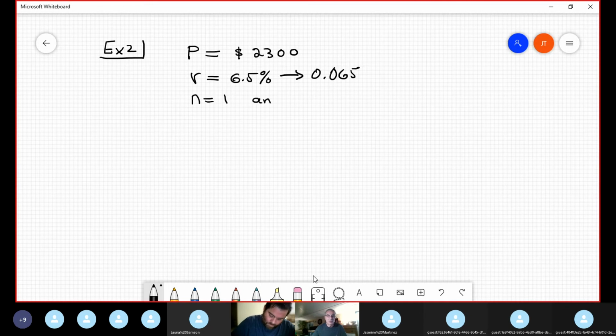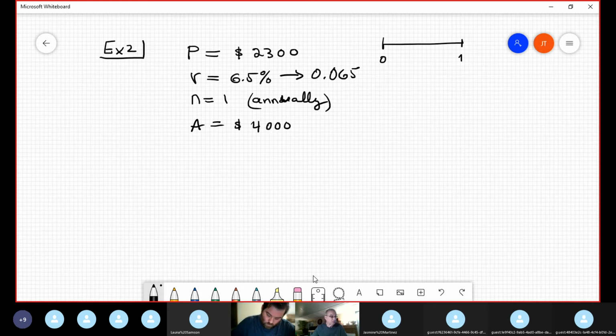Nice, because the compounding is annually. The compounding is 1, because it's 1 year. If you don't divide the year into months, nothing. It's year per year: 0 year, 1 year, 2 years, 3 years, 4 years. I need to reach a future value of at least $4,000. I need to compute how many years.